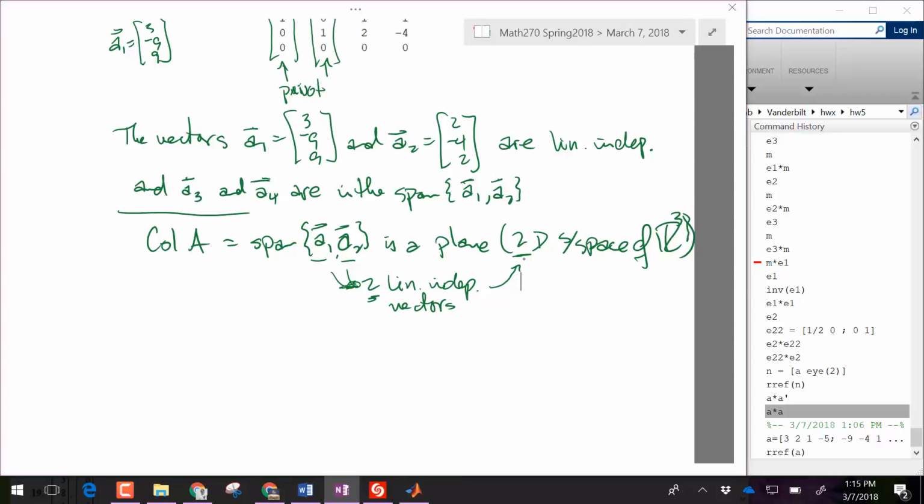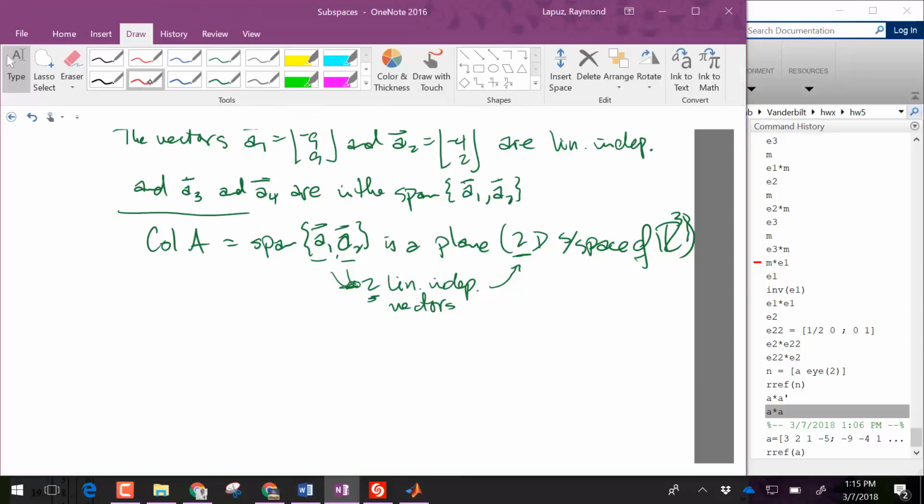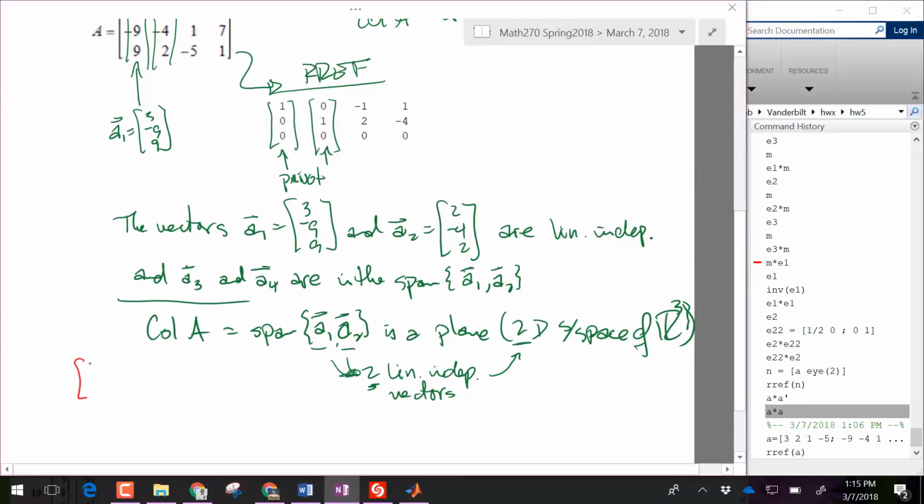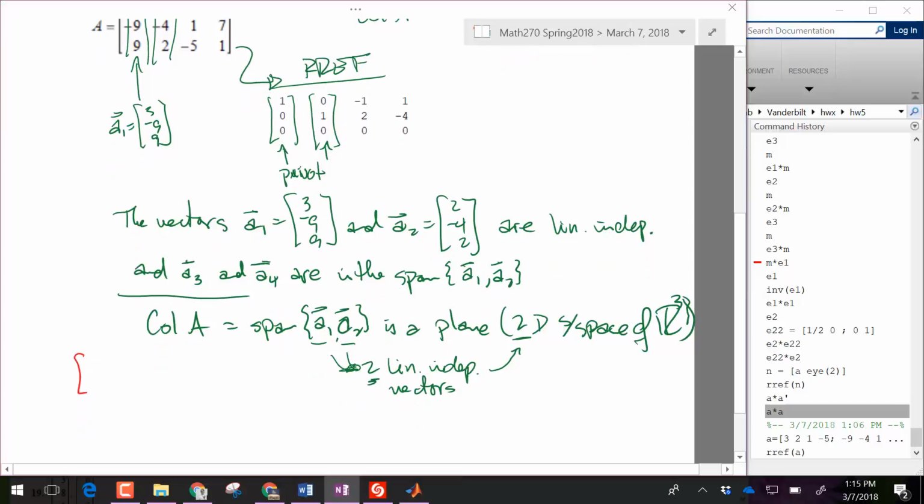How would we do that, because we're looking at the columns? A3 is 1, 1, negative 5, and this should equal something times A1 plus something else times A2, and we should get values for that.